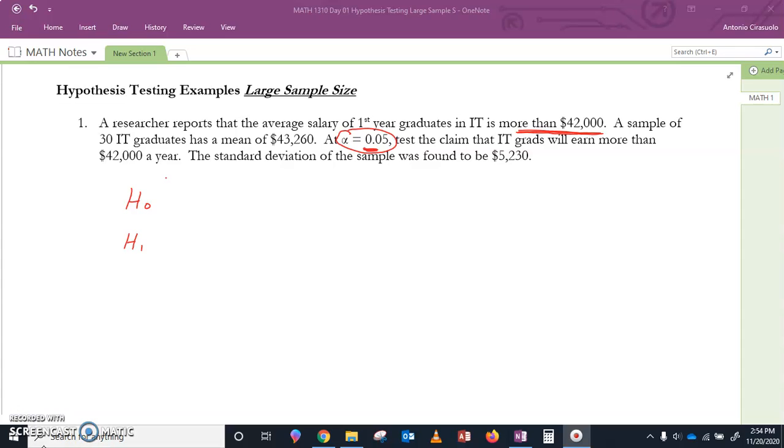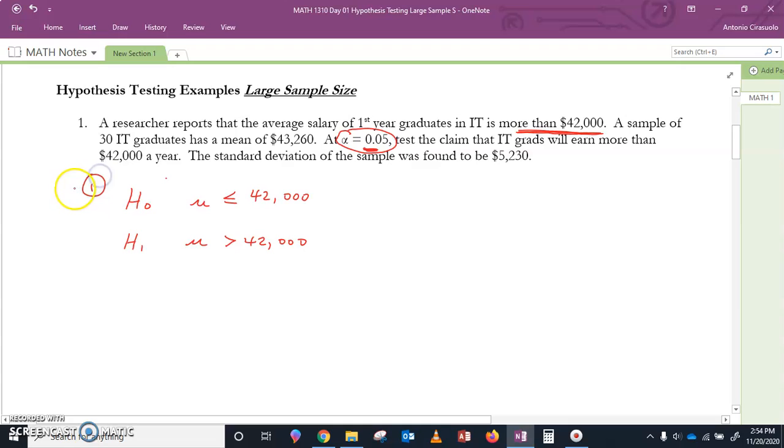So if it says more than, then we know that the mean has to be more than $42,000. And that means that the null hypothesis is less than or equal to $42,000. So that's step one. State the hypotheses.